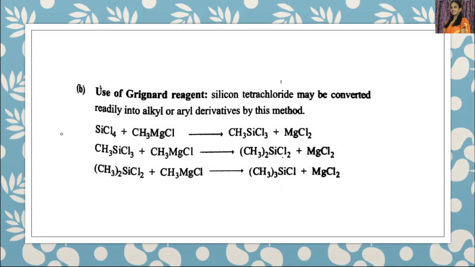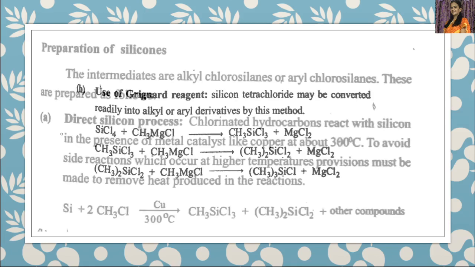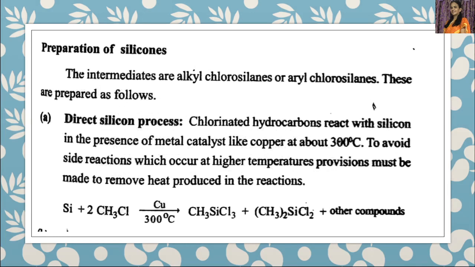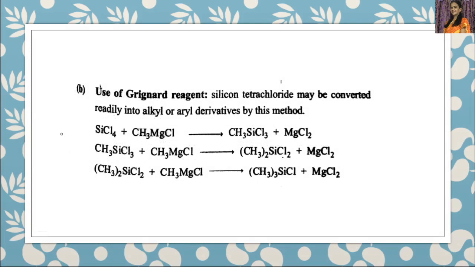Next one is the use of Grignard reagent to prepare the alkyl chlorosilanes. This is the second method. Silicon tetrachloride, SiCl4, may be converted readily into alkyl or aryl derivatives by this method.